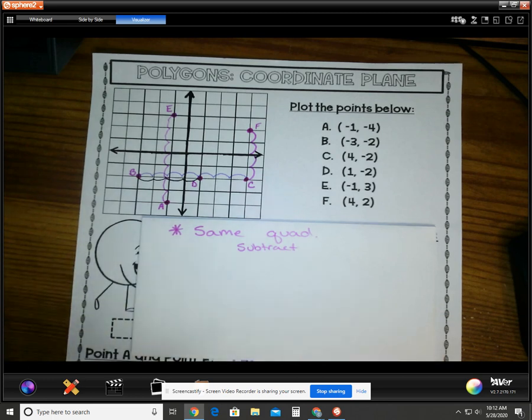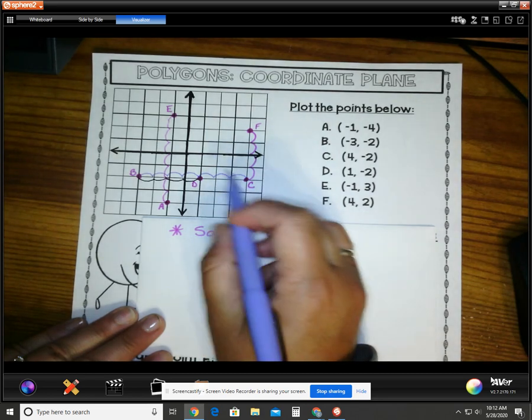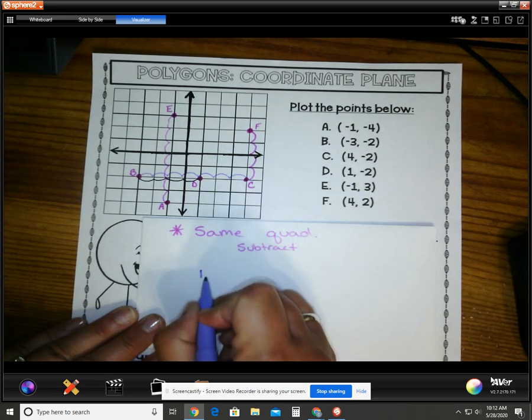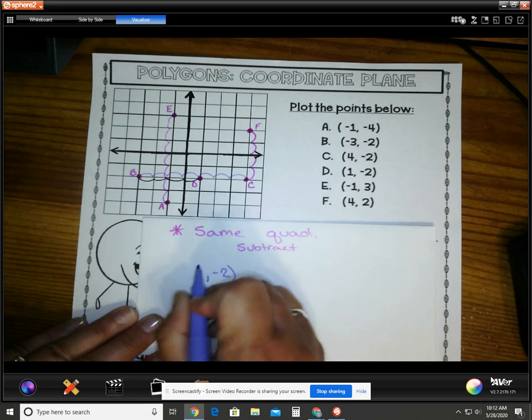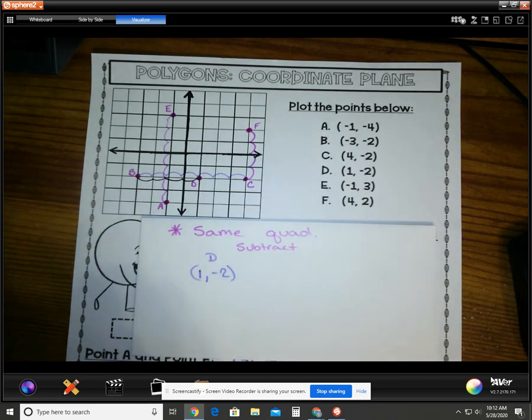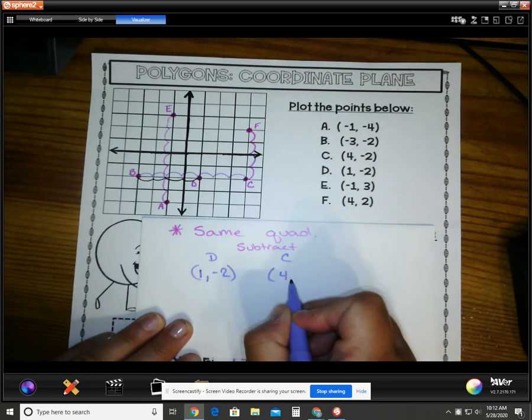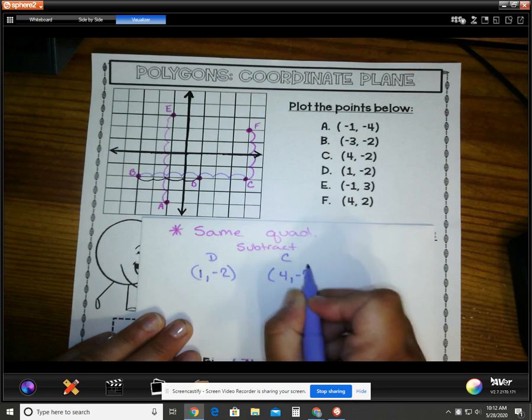So if I go and write down their coordinates, D is at 1, -2, right? Letter D. And letter C is at 4, -2.